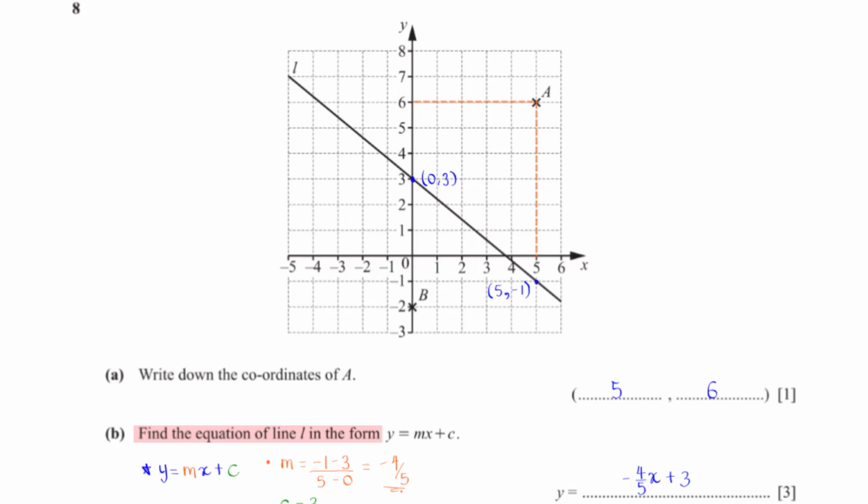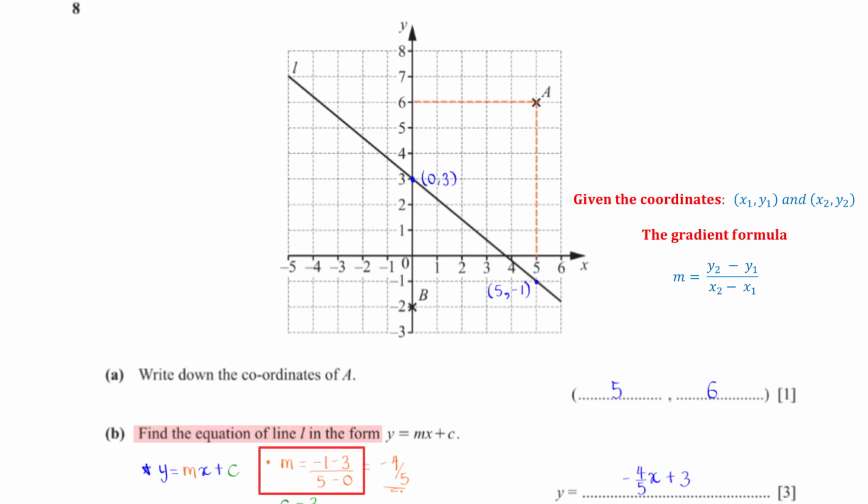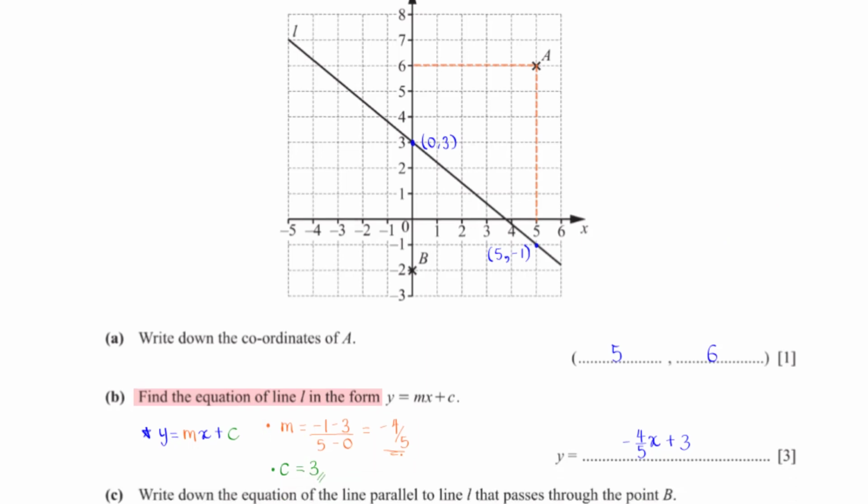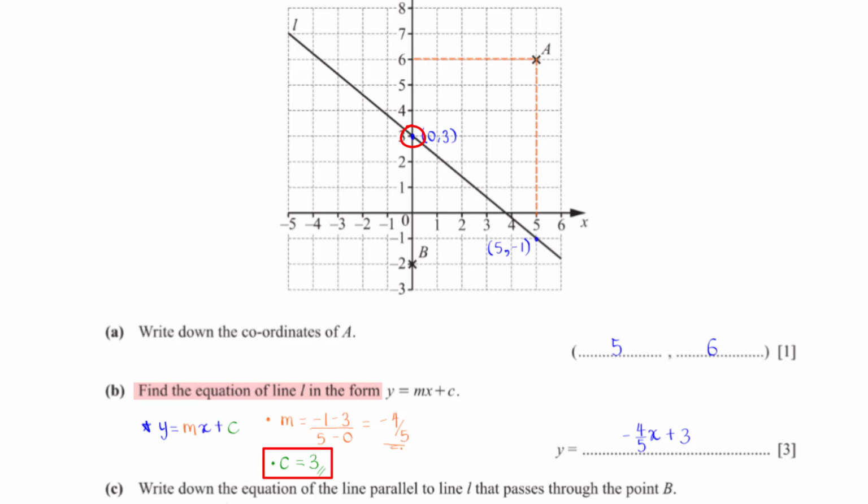To get m, we need to pick 2 points on line L. By applying the gradient formula, we get -1 minus 3 divided by 5 minus 0, which is equal to -4/5. To get the value of c, we pick the value on the y-axis through which line L passes, which is 3. So we have y equals -4/5x plus 3.